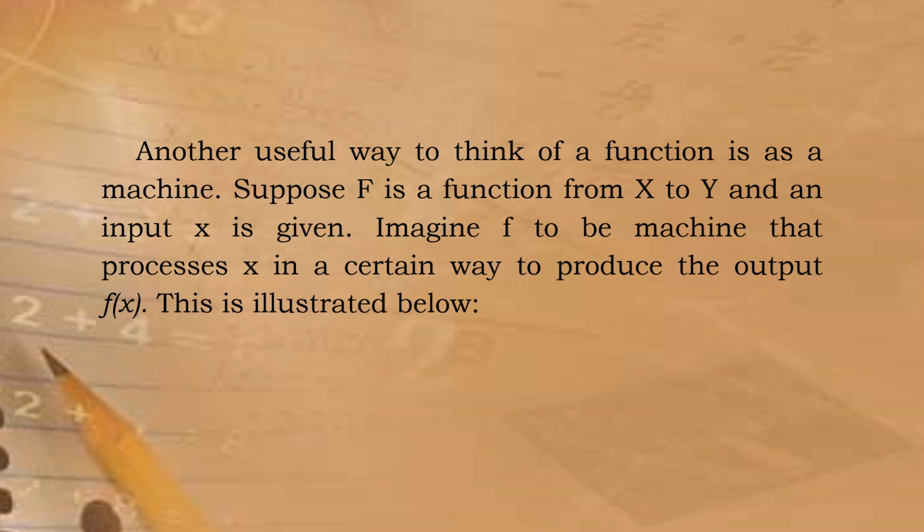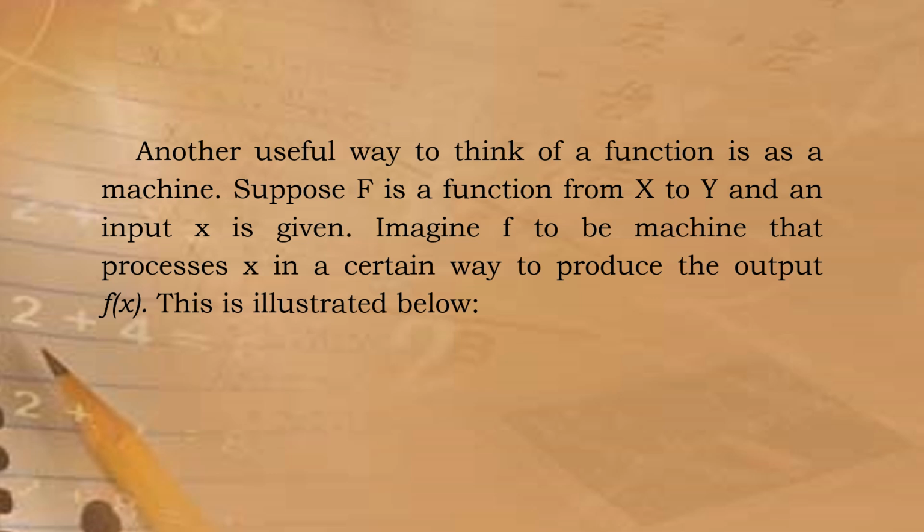Another useful way to think of a function is a machine. So suppose f is a function from x to y and an input x is given. Imagine f to be a machine that processes x in a certain way to produce an output, or f of x, or simply y.